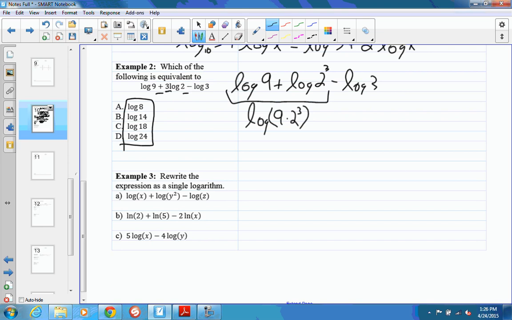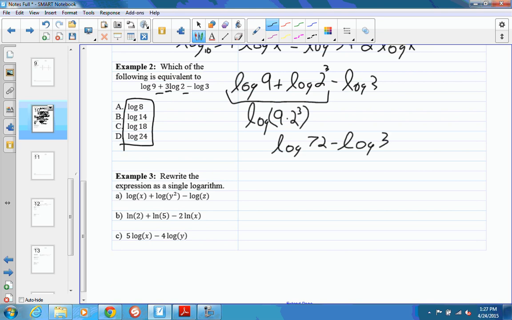So log of m times n is log of m plus log of n. So I'm going to take those and say 9 times 2 cubed down to one single log, right? Yeah, good. So log of 9 times 8 is log of 72. Good. Minus log of 3.